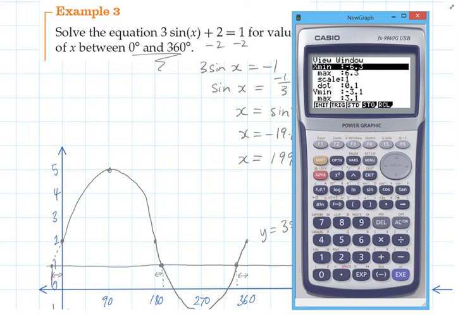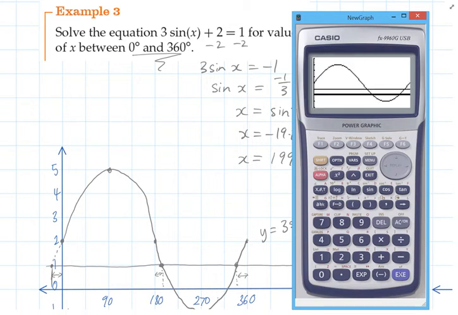Now I'll have to make sure my viewing window is similar to what I've graphed here, so I'm going to get it to start at 0 and finish at 360 because we're operating in degrees, and the y min will go negative 2, and the y max will go up to 6 to make sure it's all incorporated. So let's graph it, see what we get.